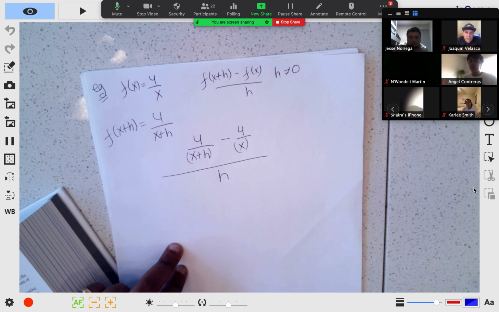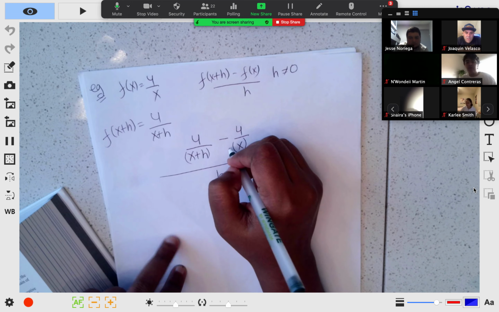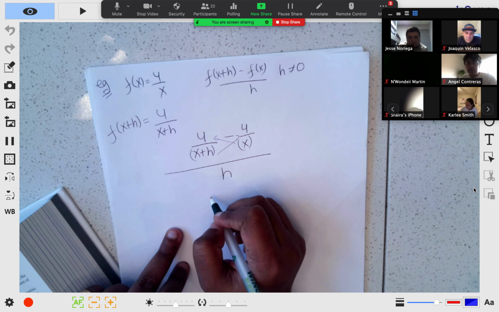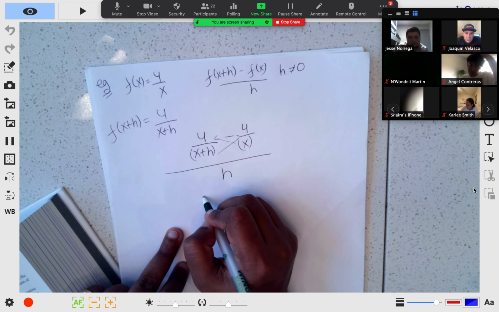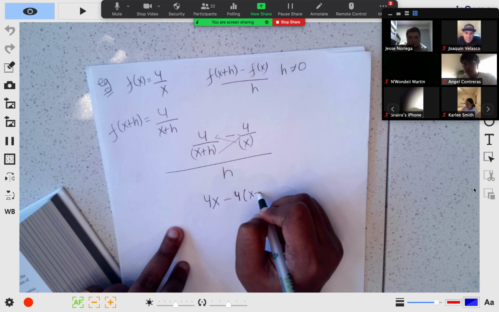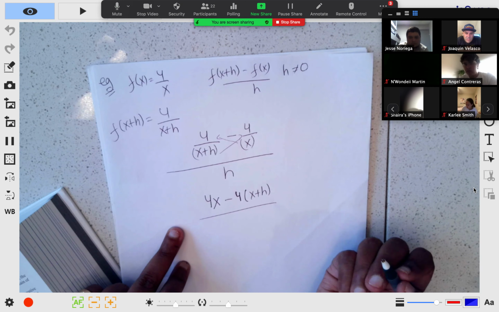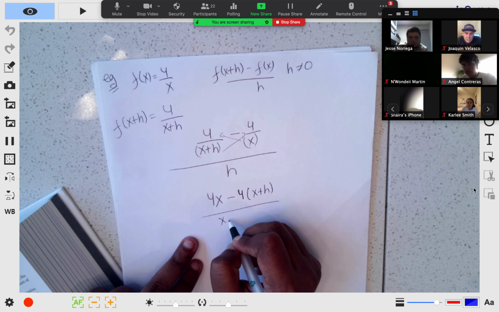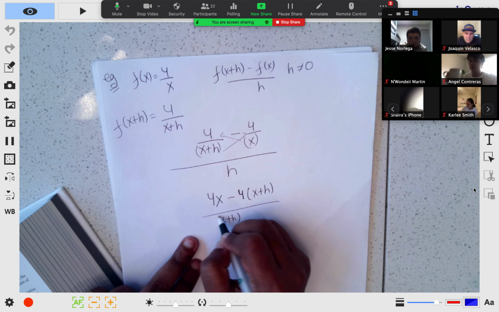Yes, so how do I do it? Yes, exactly, cross multiplication. What does it become? 4x minus 4 times x plus h. And what's at the bottom? The bottom will be x and x plus h, and then you have the whole thing divided by h.